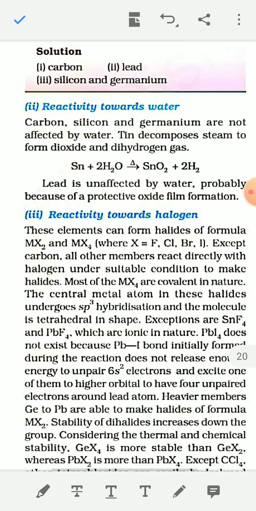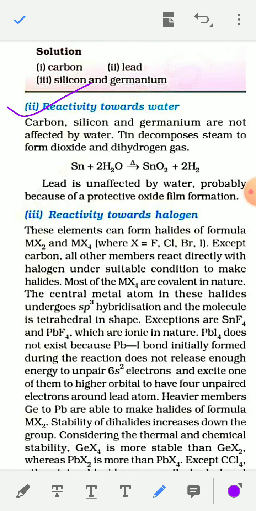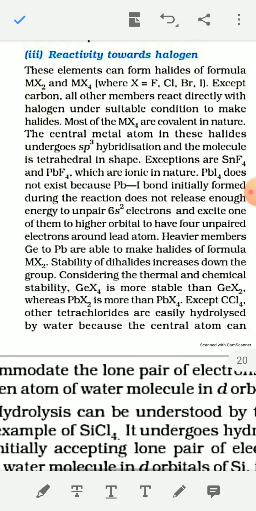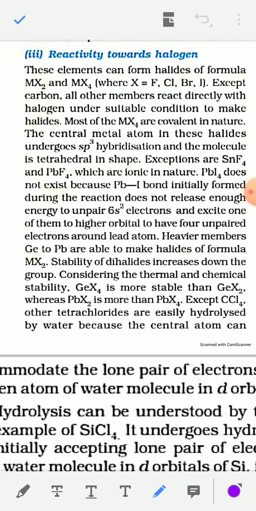Reactivity towards water: carbon, silicon, germanium are not affected by water, and tin decomposes steam to form tin dioxide SnO2 and hydrogen gas. And reaction towards halogen: all group 14 elements react with halogen to form MX4, like CCl4 or SiCl4, tetrahalides.